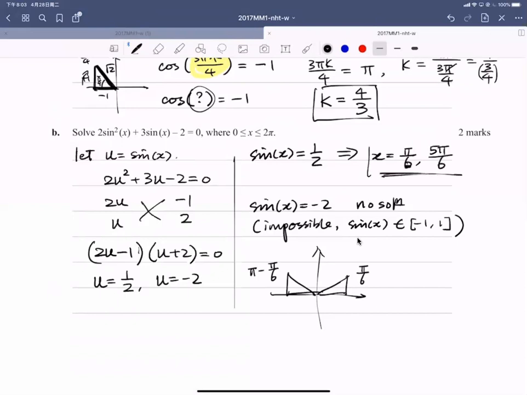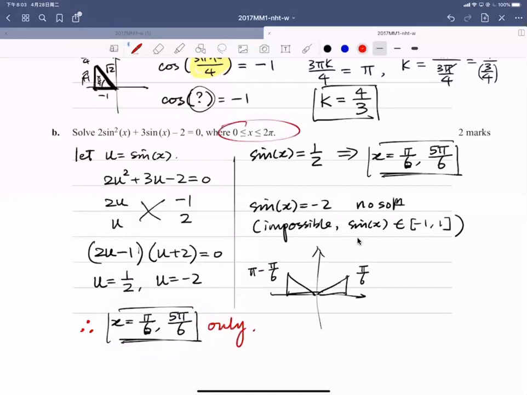These two are the only solutions. All right. Copy, paste. Therefore, x equals that and that only. Okay, don't forget your domain. Moving on.